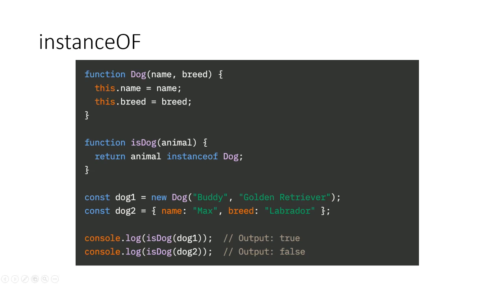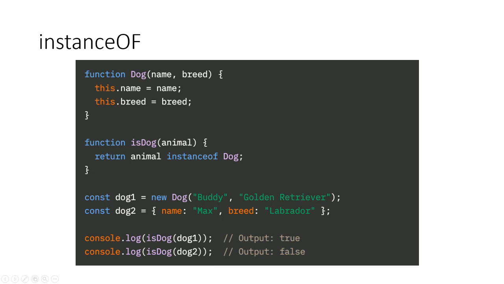So essentially this object is just a plain object that JS doesn't really know what to do with. So that's why when you call isDog and pass in dog2, it's going to return false, because you're not using the new keyword and you're not using the Dog function call here.